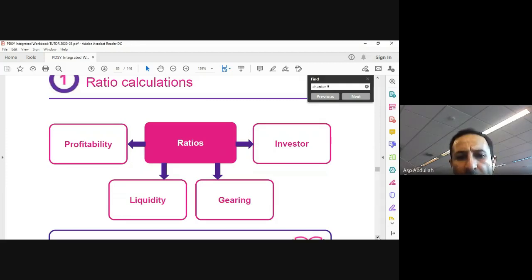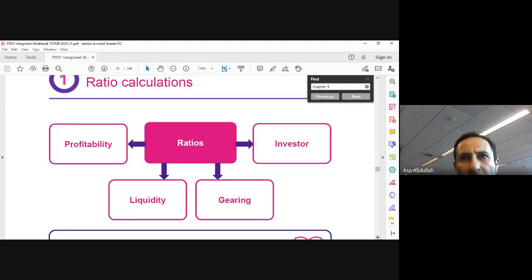We are analyzing a company's profitability through a number of methods. In terms of investor, we also look at investor through different methods. Liquidity is the same thing, and gearing. Profitability relates to the profit of the company, and investor is looking at the level of investment, either through assets or through research and development.